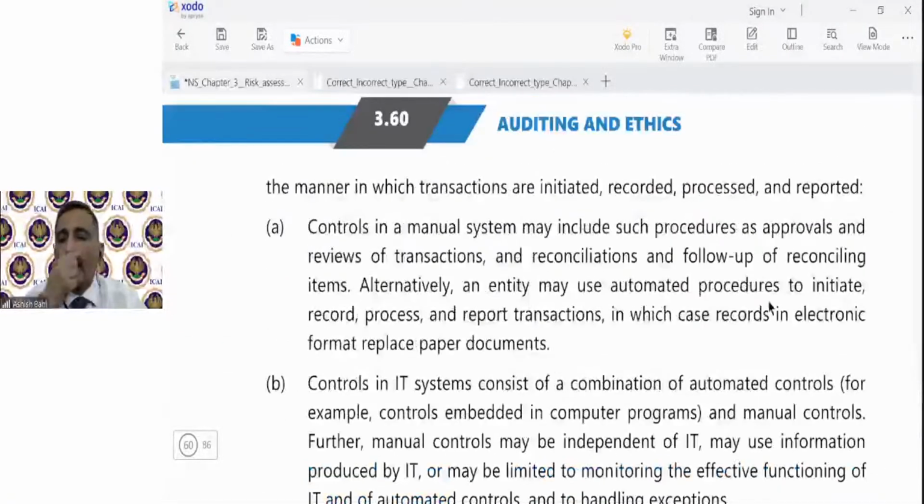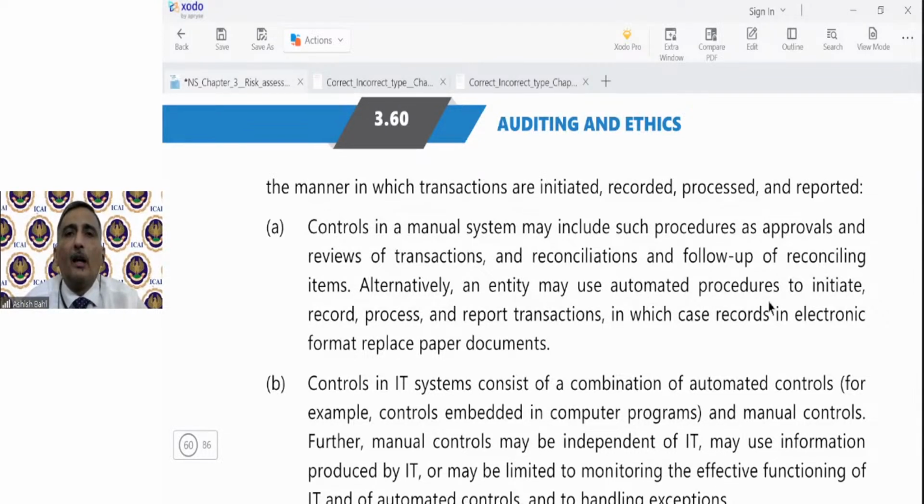So students, what happens practically, that controls, even in an IT system, consist of a combination of controls, even in an automated environment. These consist of a combination of manual controls and automated controls.